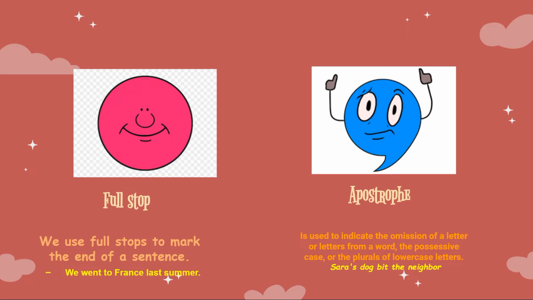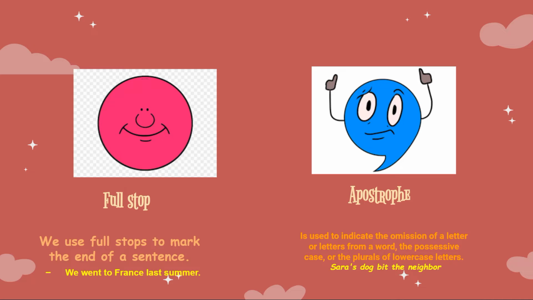The second one is apostrophe. Apostrophe is used to indicate the omission of a letter or letters from a word, the possessive case, or the plural of lowercase letters. For example, Sarah's dog beat the neighbor. Whose dog? Sarah's dog. So, let's continue.